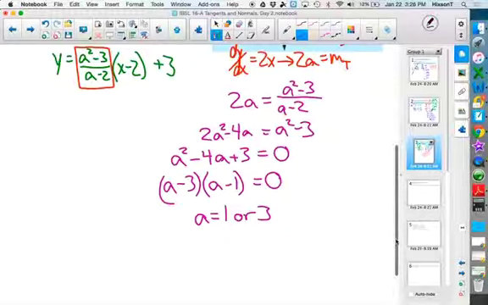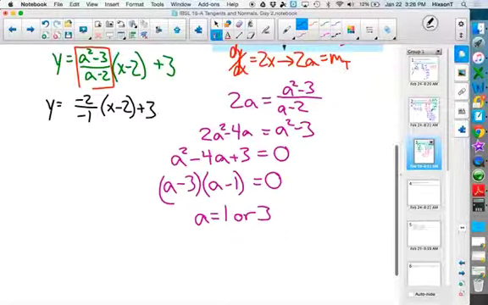If A is 1, then I have the equation y equals (1 minus 3), which is negative 2, over negative 1, times (x minus 2) plus 3. Well, that's just a positive 2. So y equals 2x minus 4 plus 3. That's the line y equals 2x minus 1.